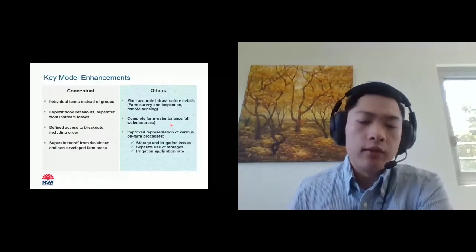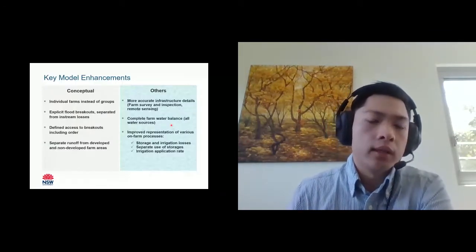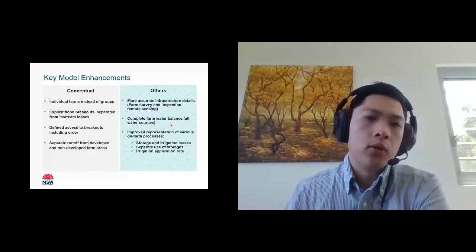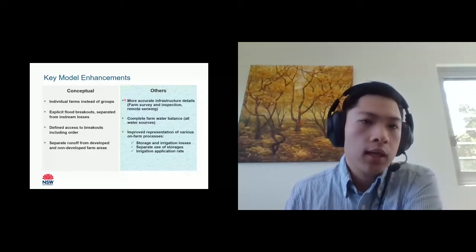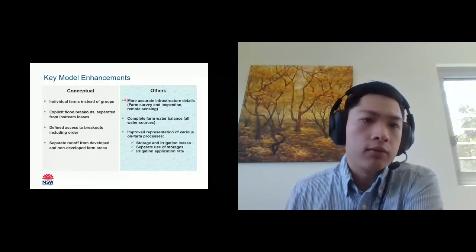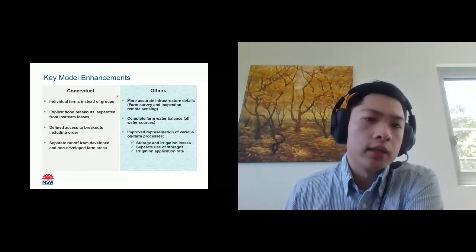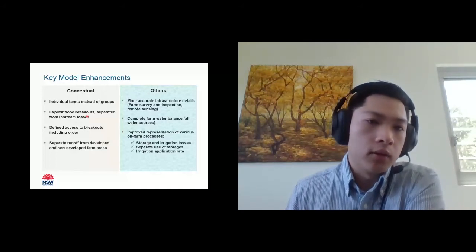As a summary, we've done a lot of key model enhancements to the models, both conceptual and non-conceptual. Conceptually, we are representing each individual farm rather than grouping them within a ridge. We are also representing high flow effluent explicitly in the model rather than being lumped as part of the system loss.